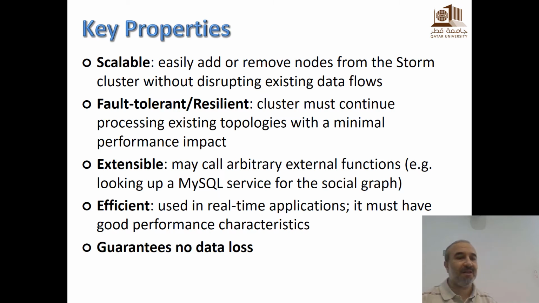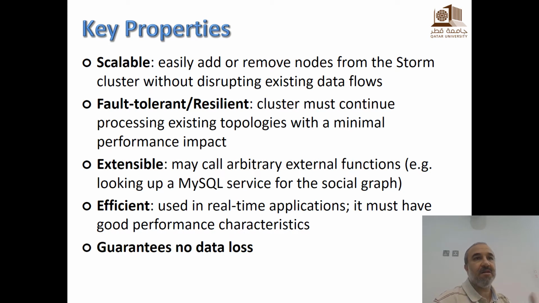The key properties are very similar to Hadoop. We want to be scalable: we can easily add and remove nodes from a Storm cluster. Fault tolerant and resilient: we need the topologies, or the jobs that we will run, to continue running even with failures of nodes.